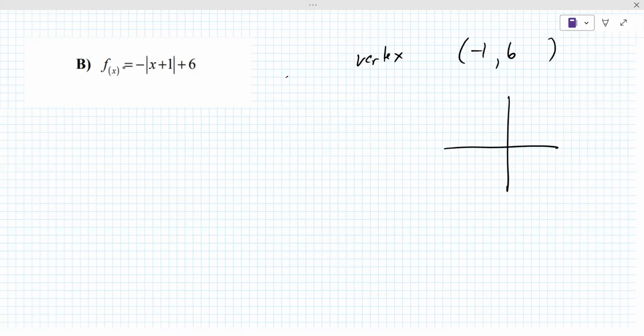It doesn't have any x-intercepts. So is this where you put your vertex point? Roughly? Oops, I did -6.